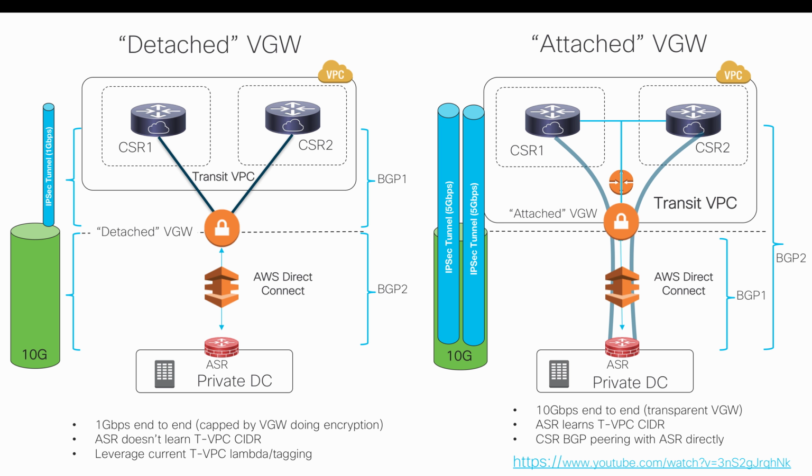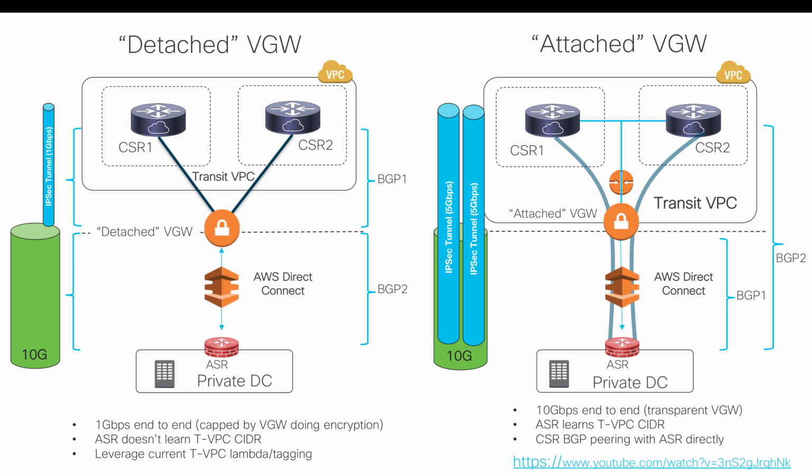And then you can build a tunnel between the CSR and your ASR, and your VGW will just do routing, no IPsec, so it's transparent. Then you have the option to do encryption. Then you go with the IPsec tunnels from CSR to ASR. If you don't need encryption, just go with GRE.